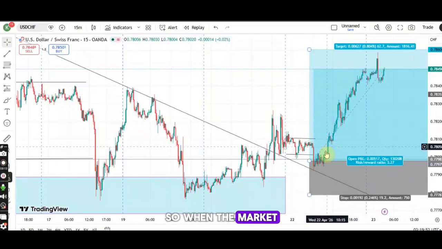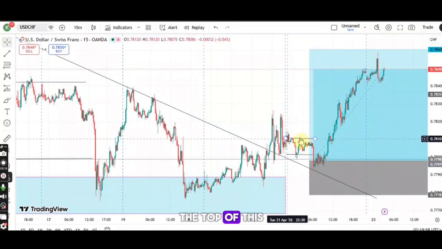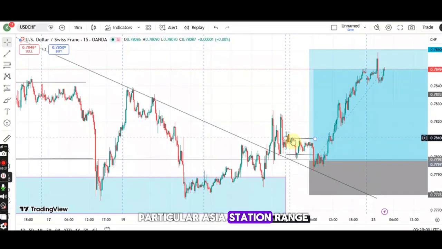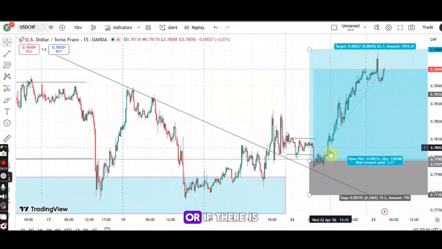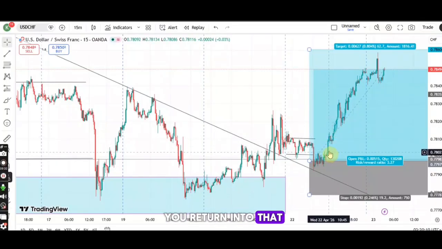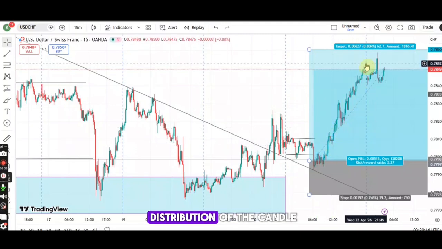So when the market came up to take out the top of this particular Asia session range, then it returned again on top of the range. Or if there is a fair value gap when the market moves up, if you return into that fair value gap, it is also an opportunity for you to tap into the market to continue with the distribution of the candle.